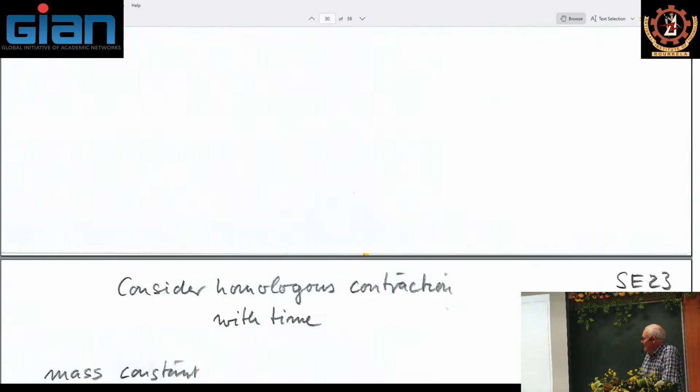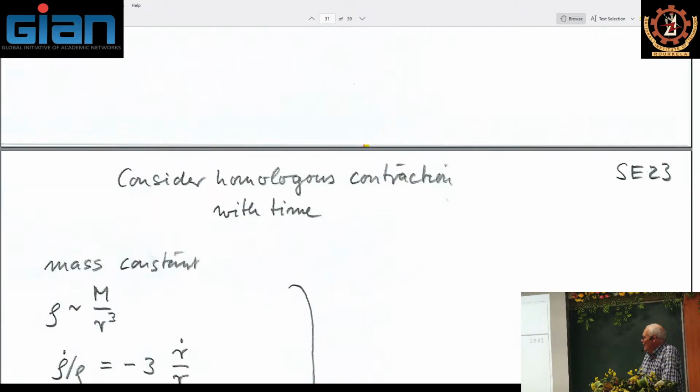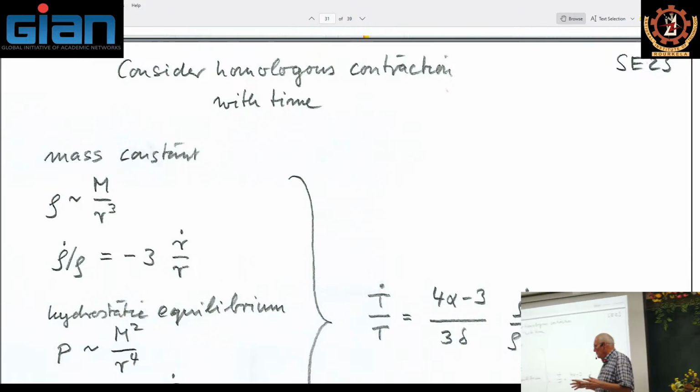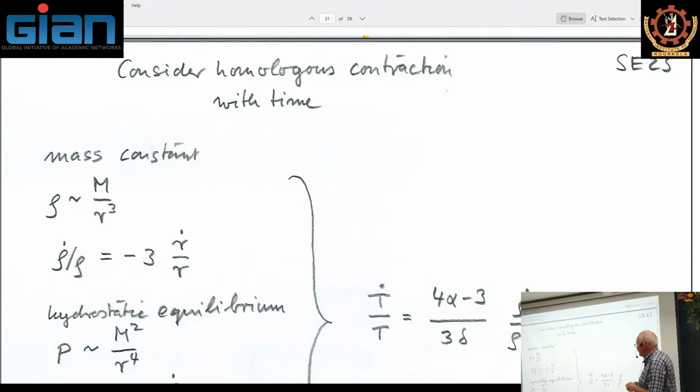Question. Okay, so we consider a homologous contraction of the star with time. Homologous means, this is an artificial construction, but it shows you in detail what really happens. Homologous means we keep the mass and the structure of the star constant.